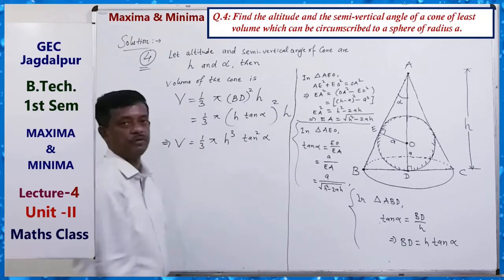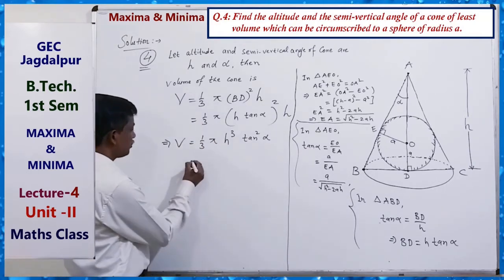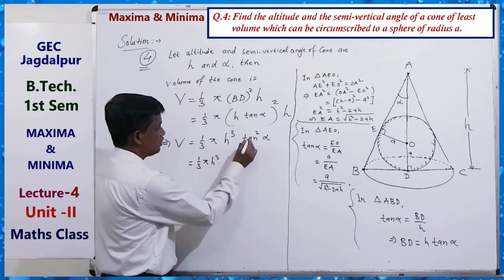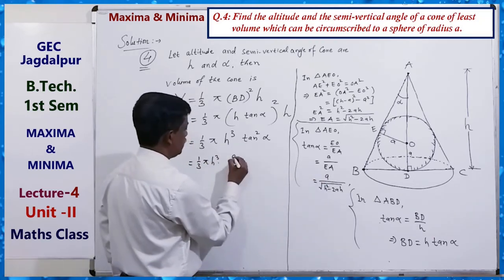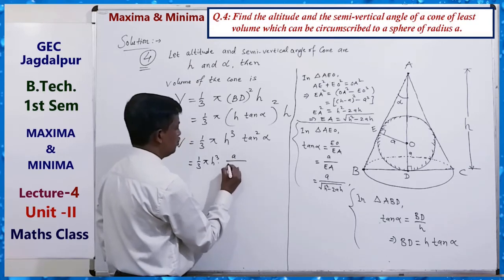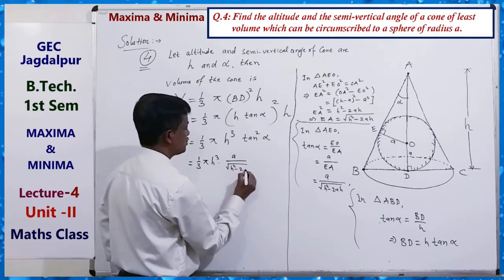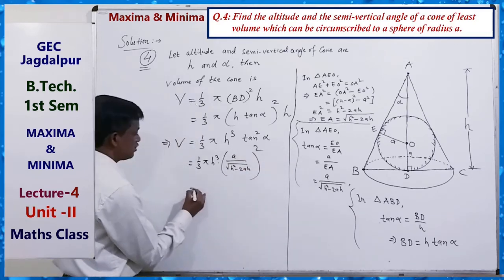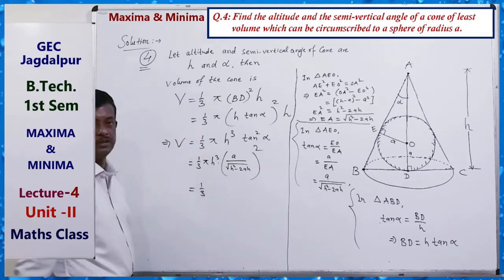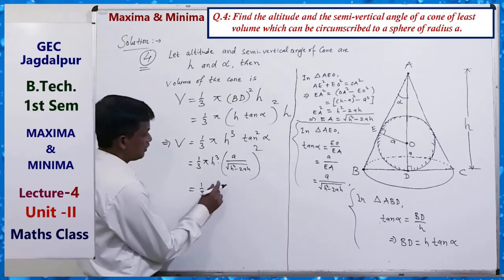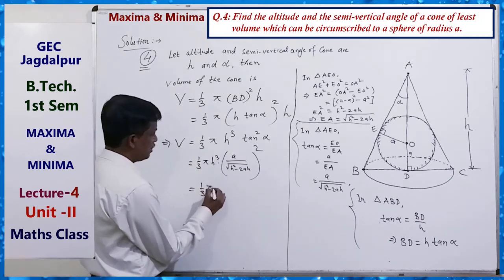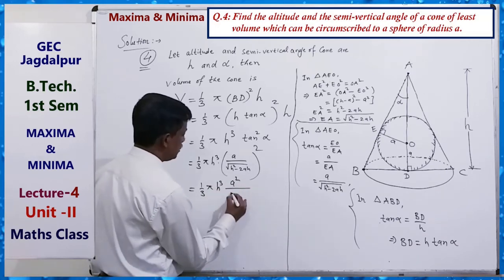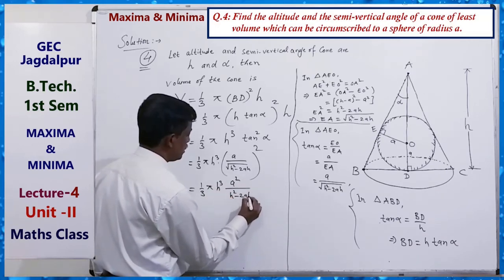Putting this into 1 by 3 pi h cube tan square alpha gives 1 by 3 pi h cube a square upon h square minus 2ah.